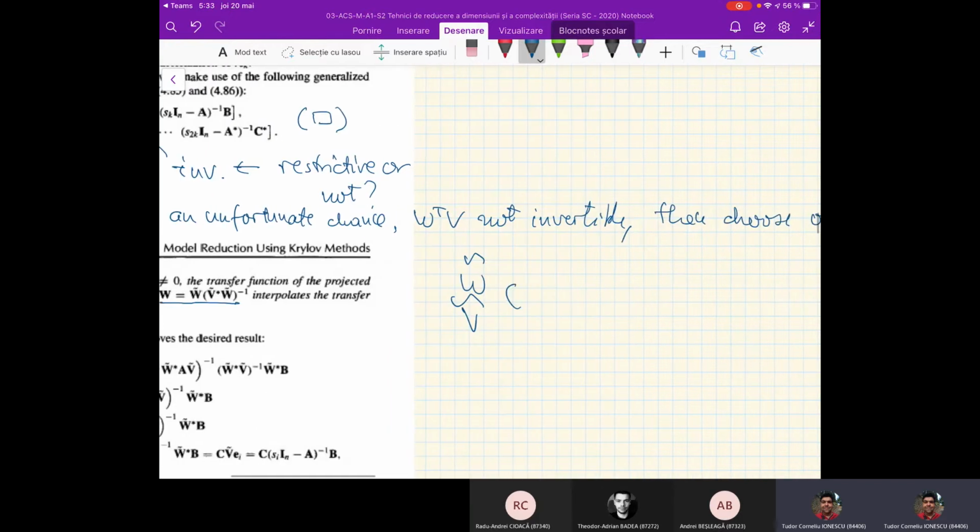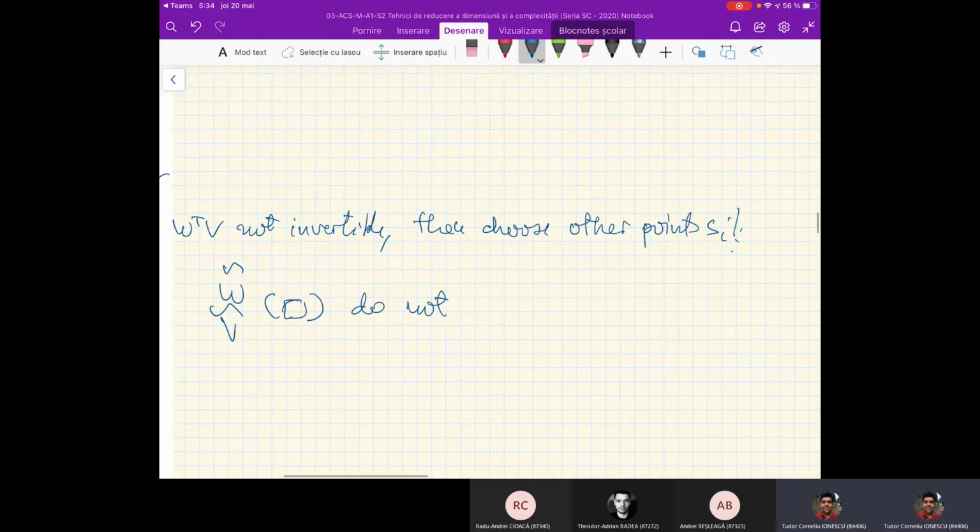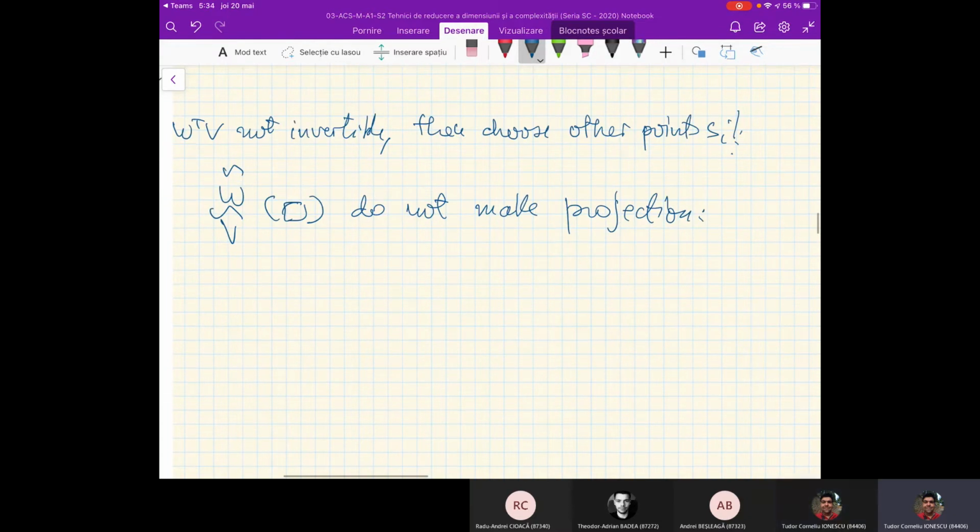So W hat and V hat constructed with square do not make projection like this, okay?